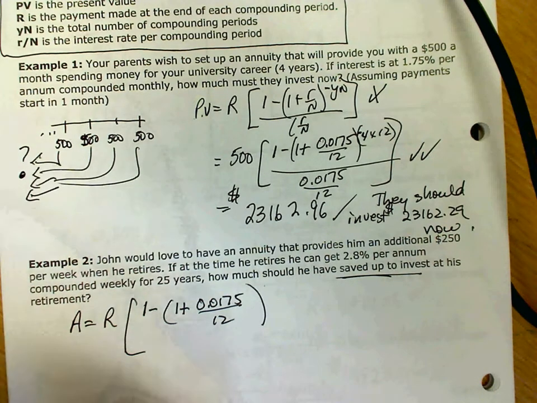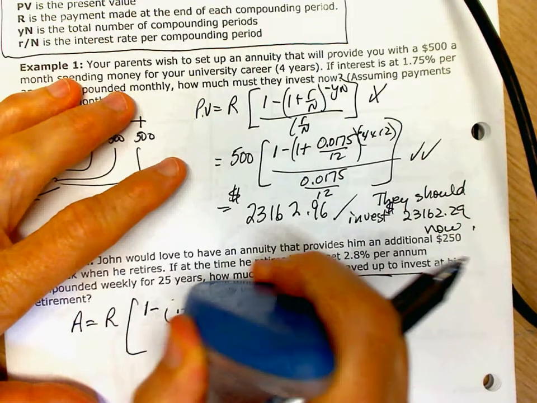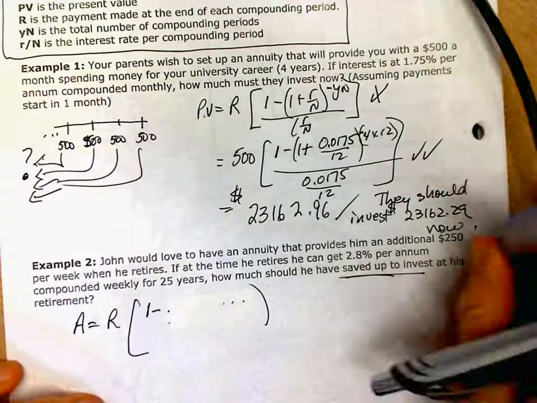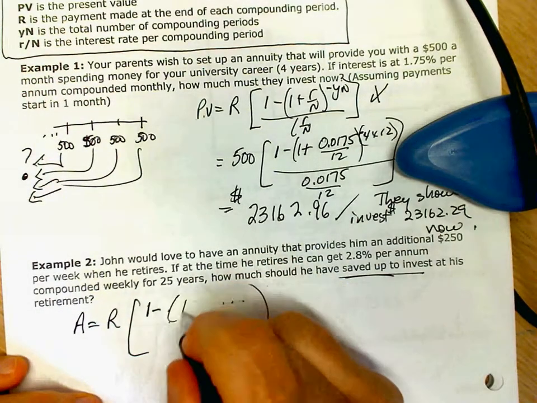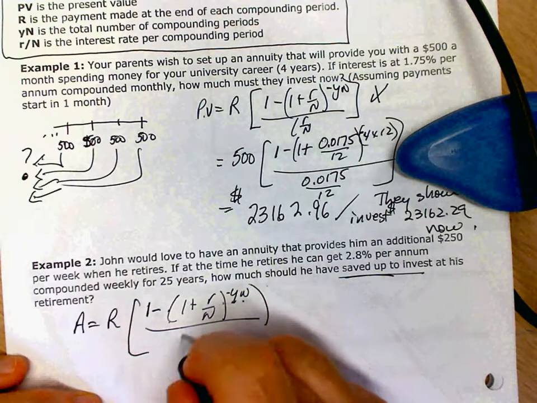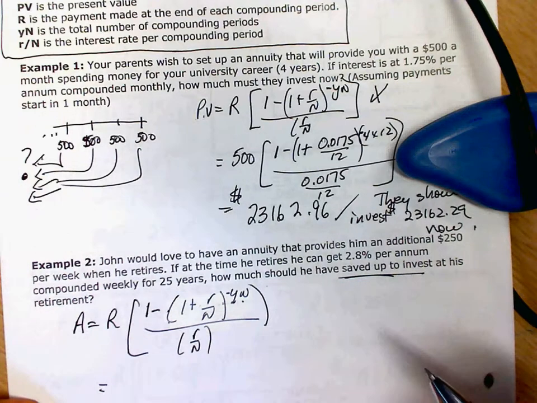Here, I better write the formula because that's the way I'm going to mark you, right? So this is 1 minus. He wants an additional 250, but that should be PV, right?